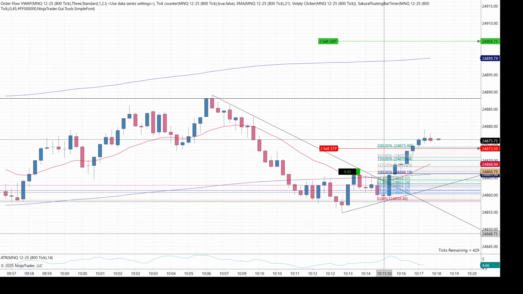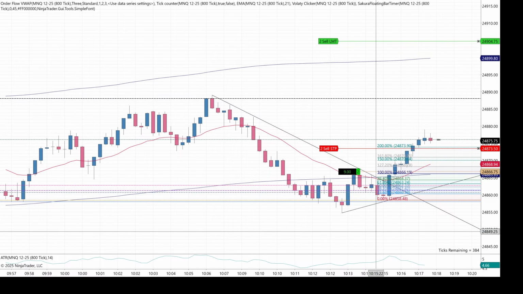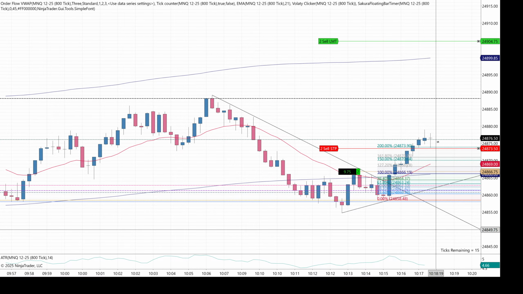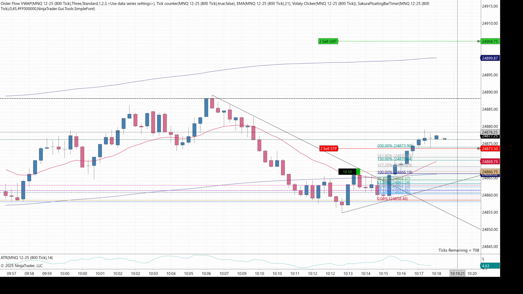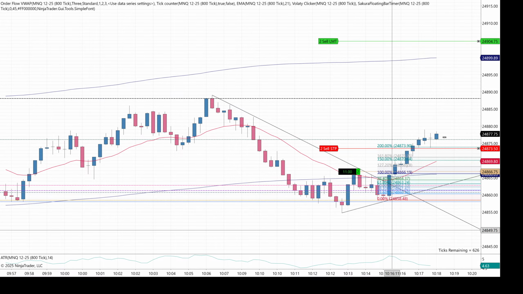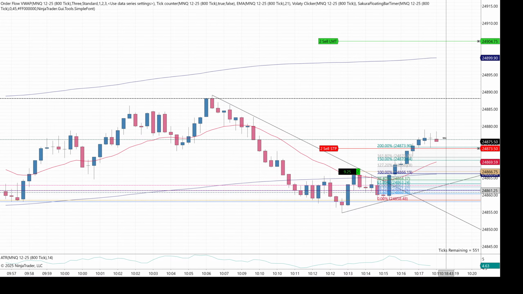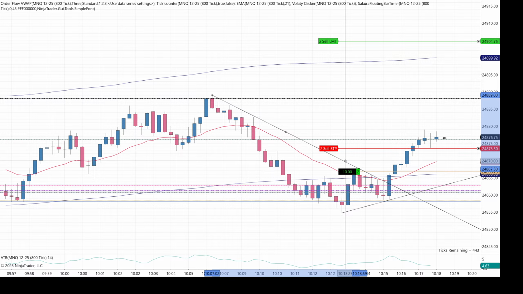I would love for this to be it. Okay, we're still going higher. That's good. It tested our stop loss. We can go ahead and delete this, delete that.